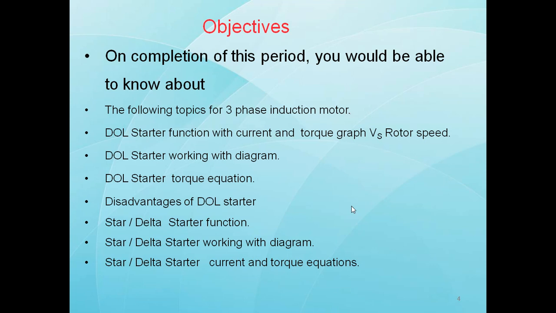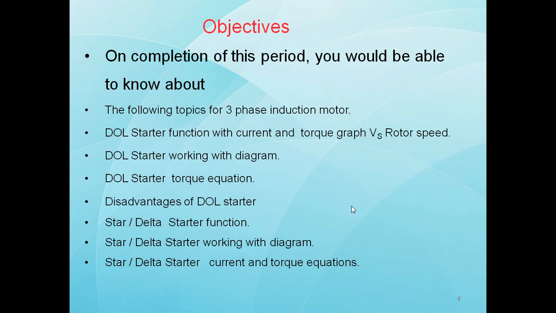Then what happens if more current flows? It will cause a large voltage drop in the supply system. Then what happens because of the large voltage drop? Other machines connected to this supply system will be adversely affected.